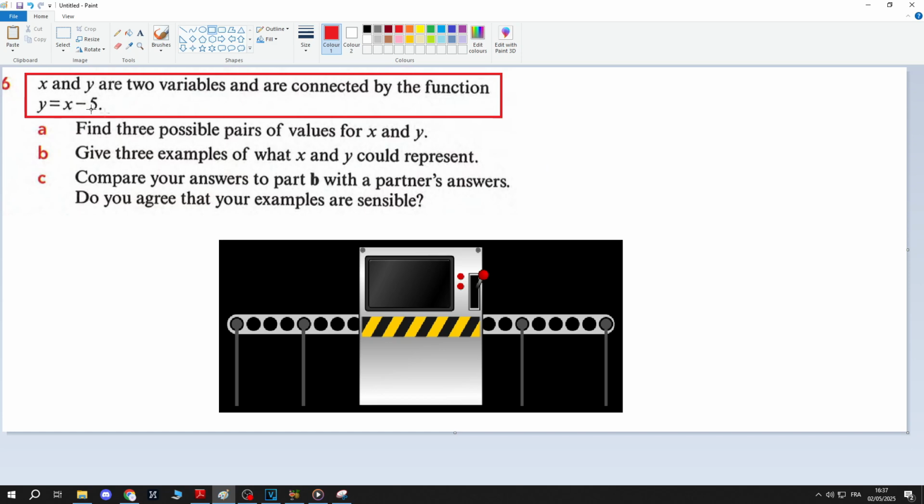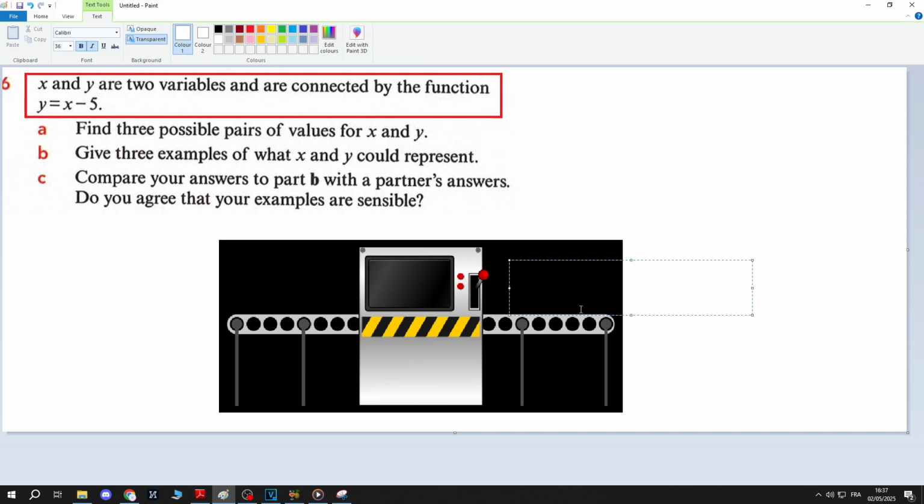Because when they say X and Y are two variables and are connected by the function y equals x minus 5, we would first need to visualize it on our conveyor belt right here. And when I see y equals x minus 5, I will probably think of this first.